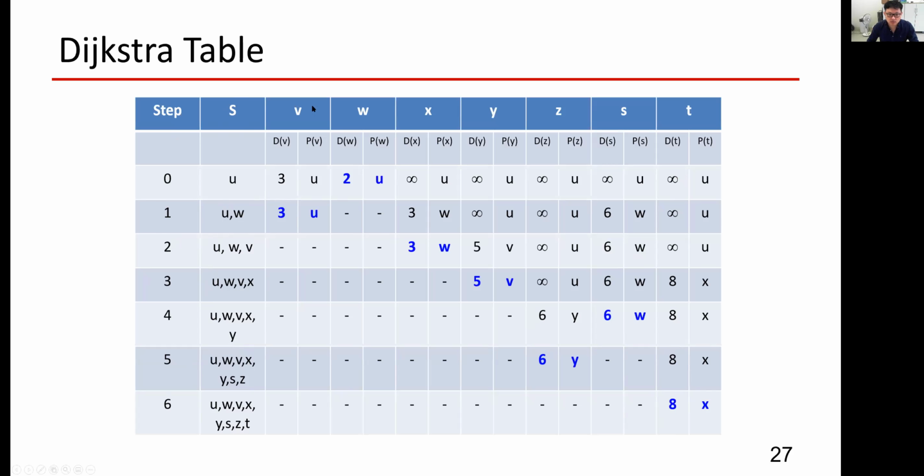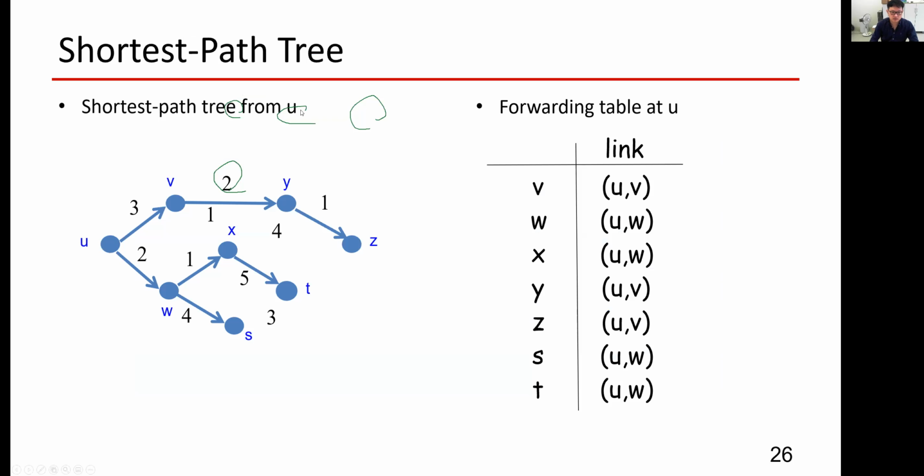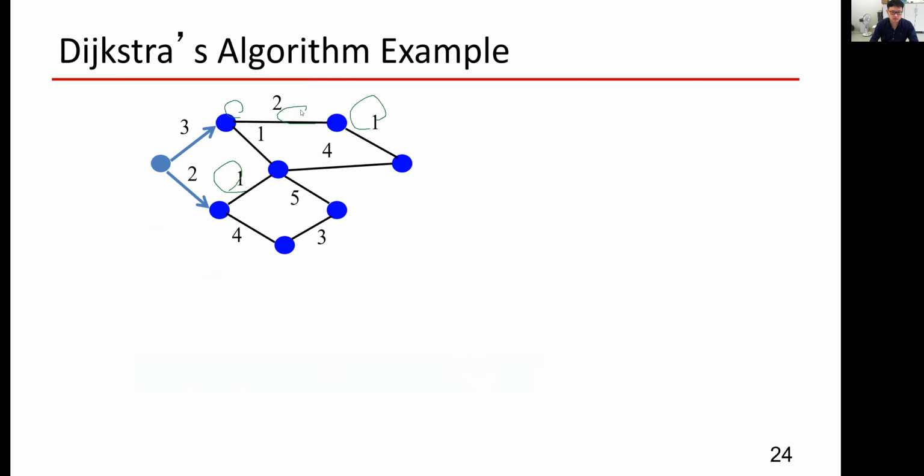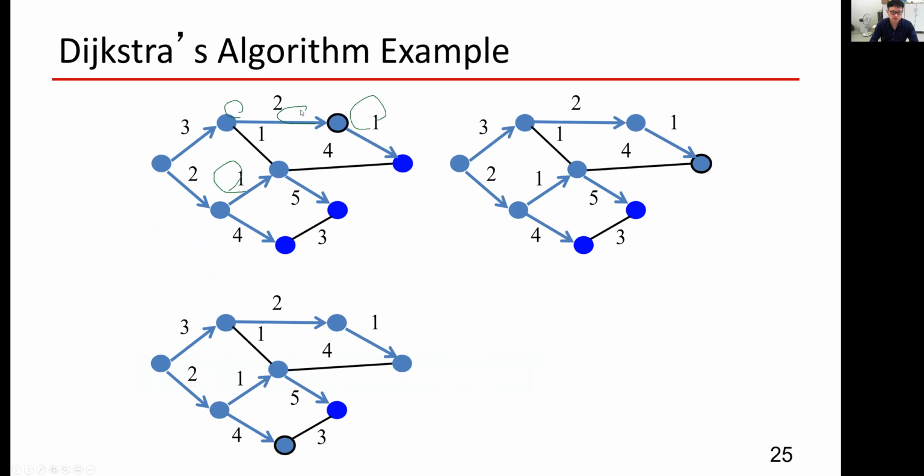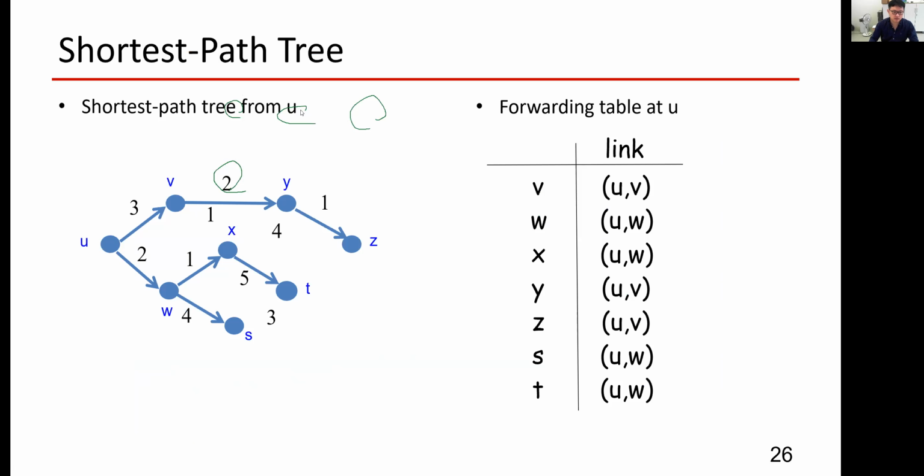Okay. So I assume you understand this table. Very easy, right? Initially, what do we do? In the view of U, only V and W are connected. Let's go back to the point. UV kind of thing. Okay, here it is.